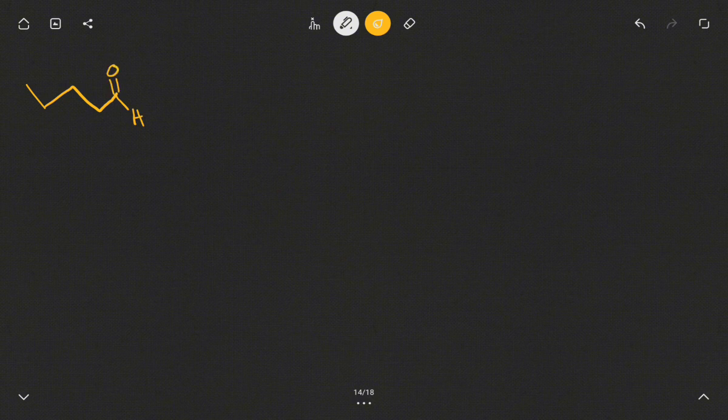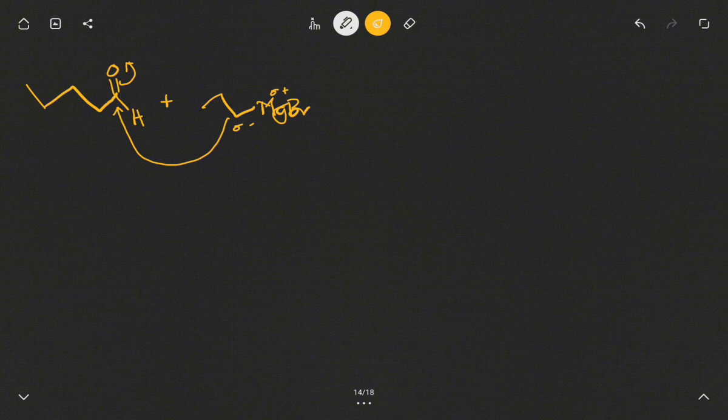This is an aldehyde, and we have the Grignard reagent over here, MgBr, and as you know, this is partially positive and the carbon here is partially negative. So this carbon is going to act as a carbanion and attack the carbonyl carbon, forcing this double bond to break.